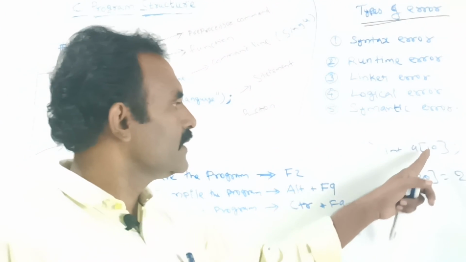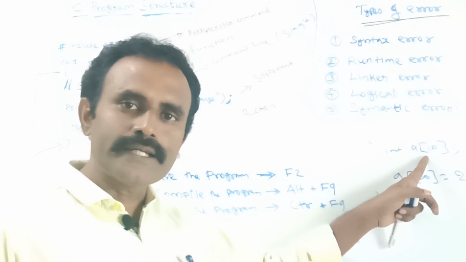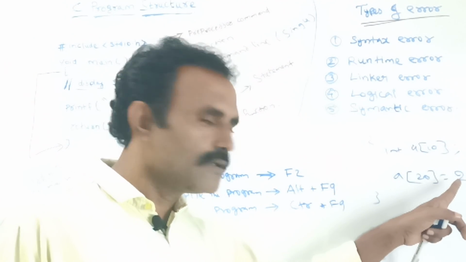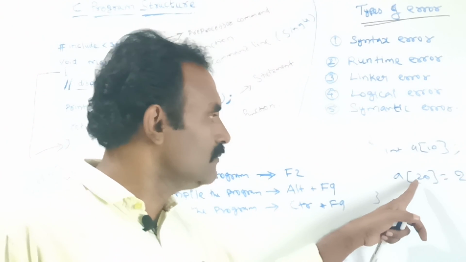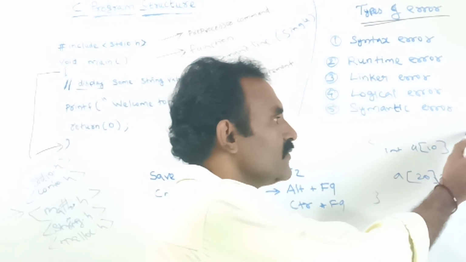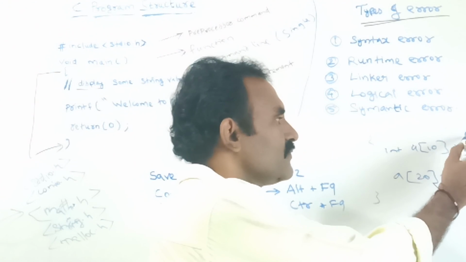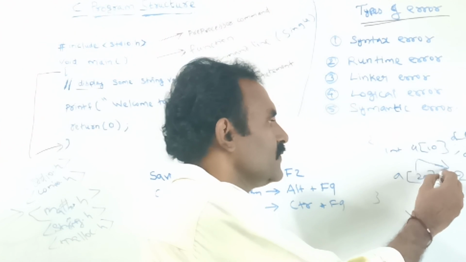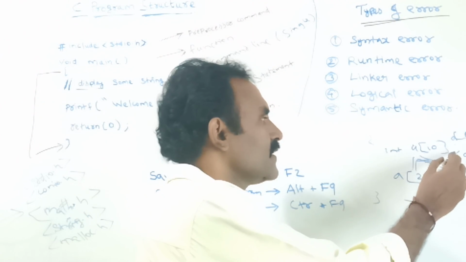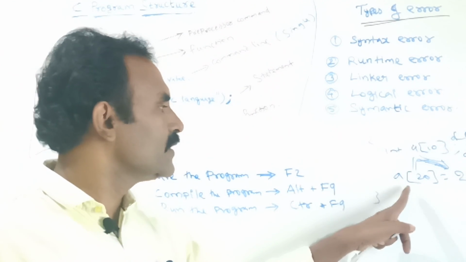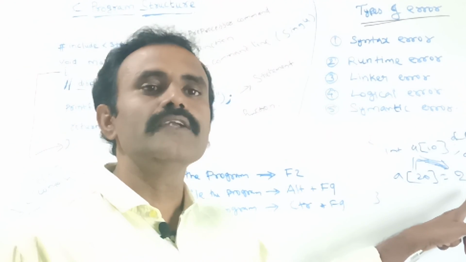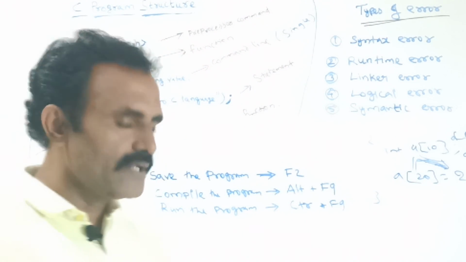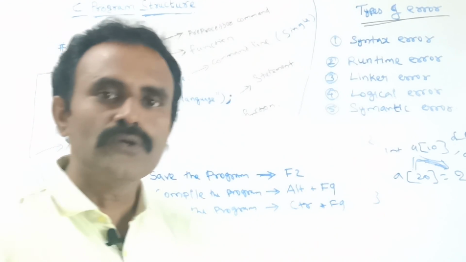Totally the declared size is 10, but you are storing the value at the 20th position. In this case also an error will occur, because you can store values only from index a of 0 to a of 9. Here we can't store a of 20, because the declared variable size is only 10. This kind of error is known as a semantic error. So in this way we can find the errors in our code.